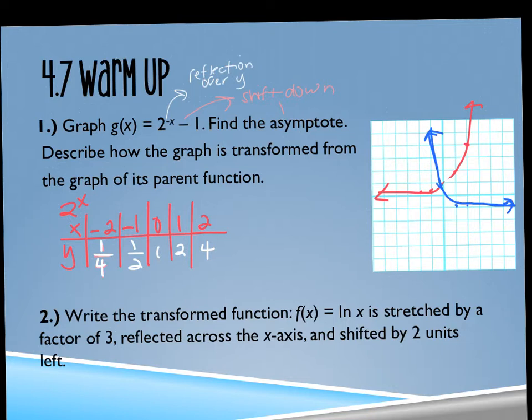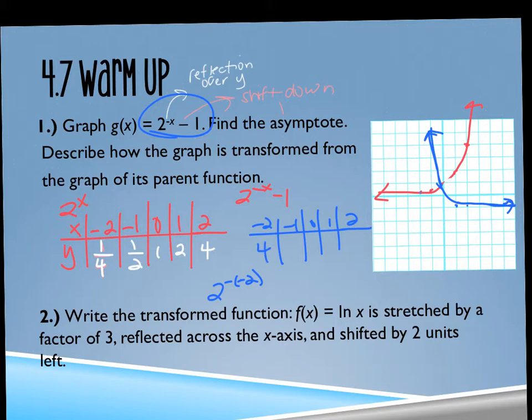The other way to do it is to plug it directly into the function. If it's talking about transformations, then you can graph it either way. If you wanted to actually graph 2 to the negative x, that's when this would happen. So that's -2, -1, 0, 1, 2. If I did 2 to the -2, that becomes 2 to the +2, which is 4.